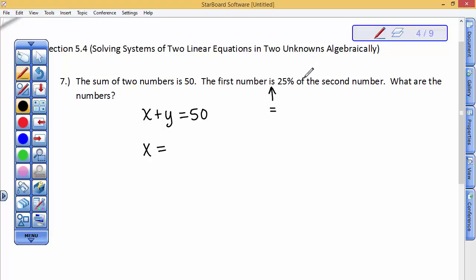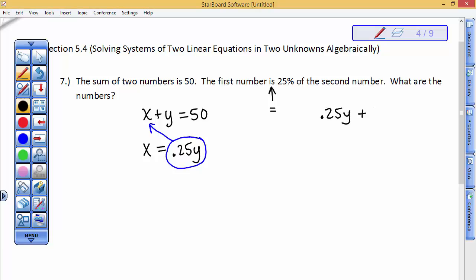This is nice because X is already solved for. So for X in the first equation, I'm going to put in a 0.25. And so I'll have 0.25Y plus, don't forget that's a 1Y, equals 50. And 1 plus 0.25 is 1.25Y.